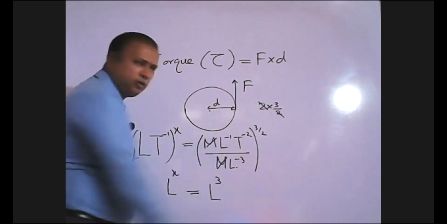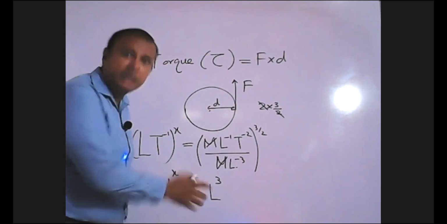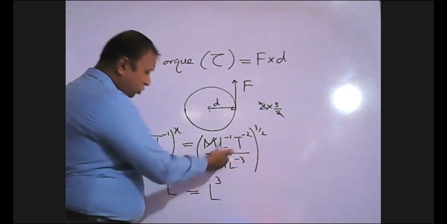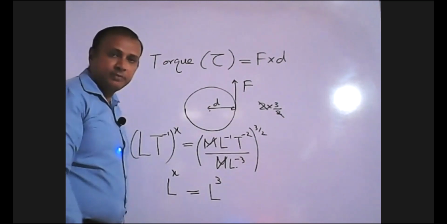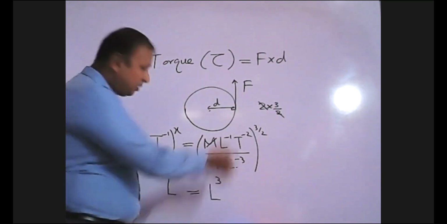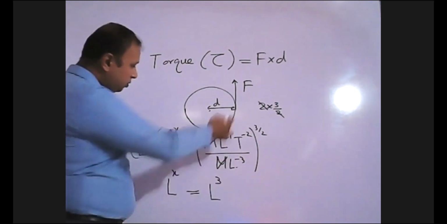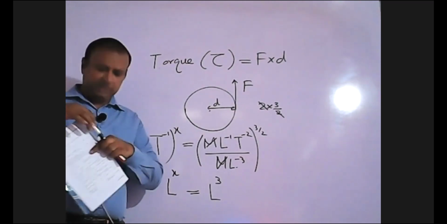Don't do other calculations. You don't want to do other calculations because this is an MCQ. Don't do other calculation. You can simply calculate the power of L. Once you calculate the power of L, you get the answer. This is the MCQ question.